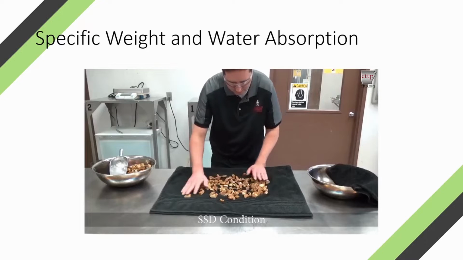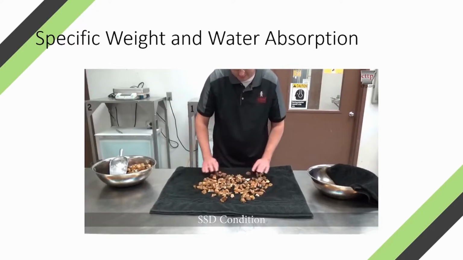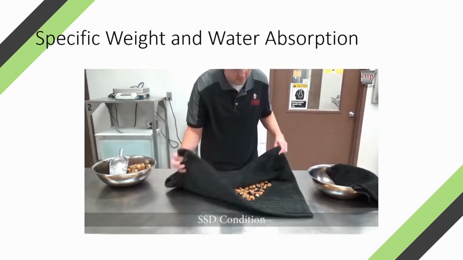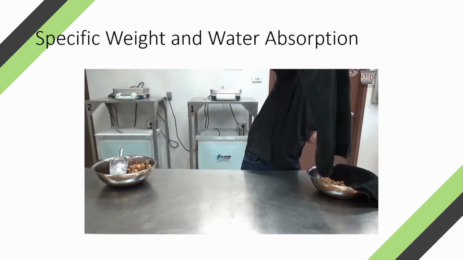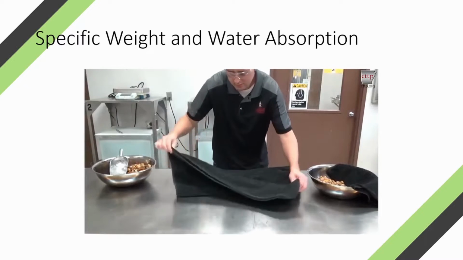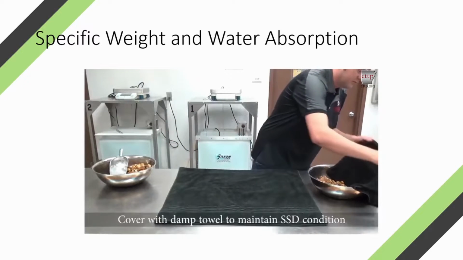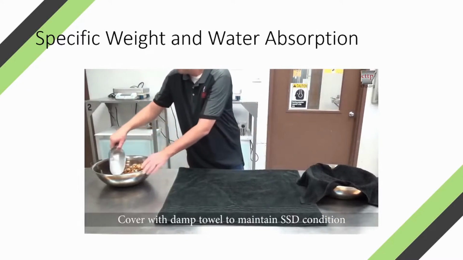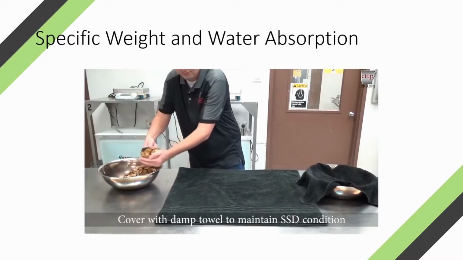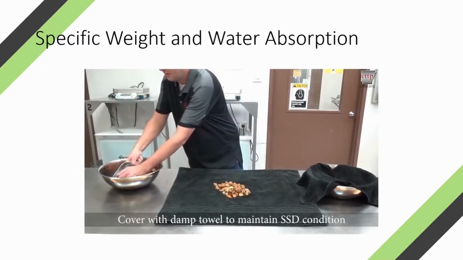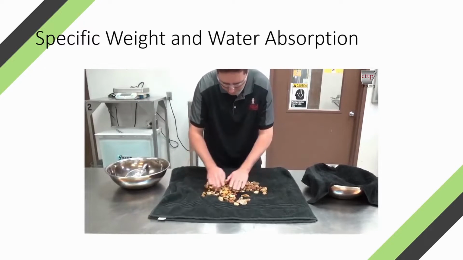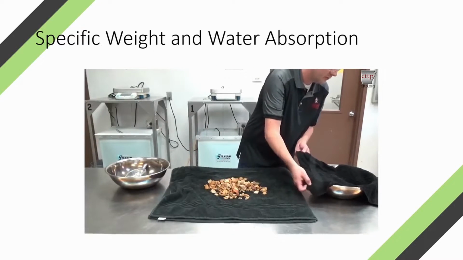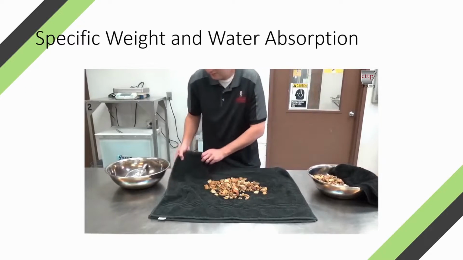This portion of the aggregate is now at SSD condition. Place the aggregate in a bowl and cover with a damp towel to maintain SSD condition. Repeat the drying process until all aggregate is at SSD condition.